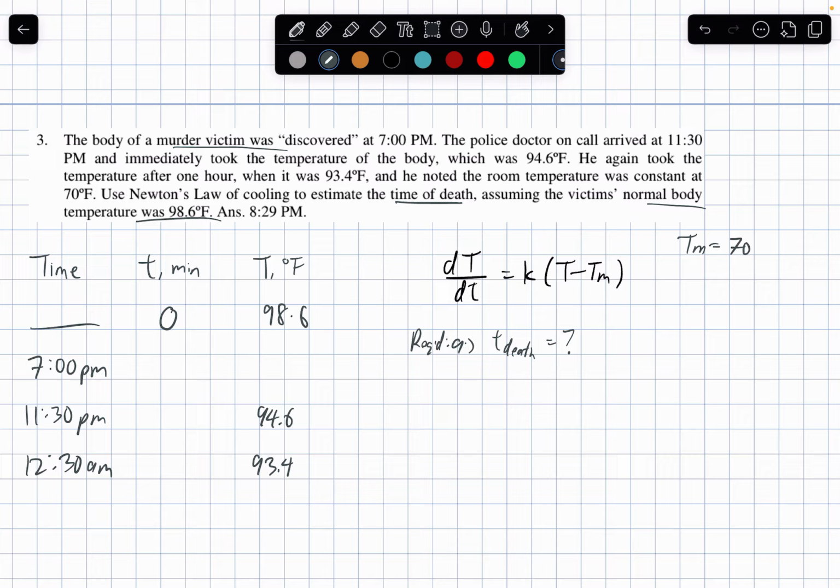So we have one pair. Let's say this is x, and this is x plus 60, because one hour is 60 minutes.